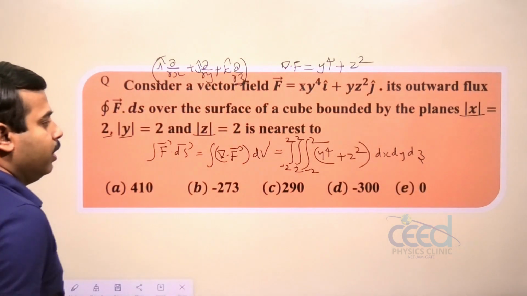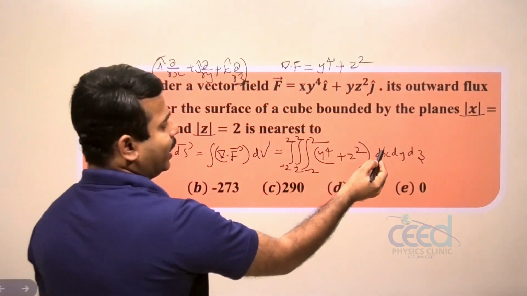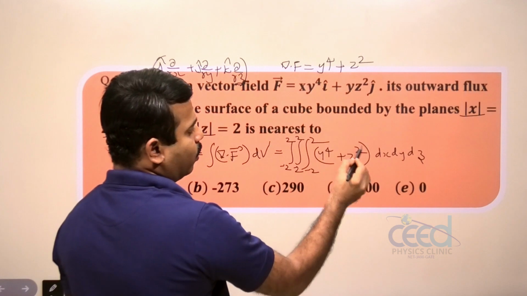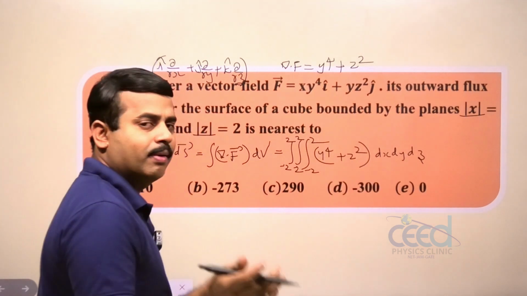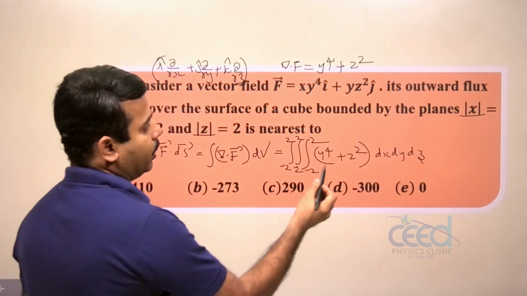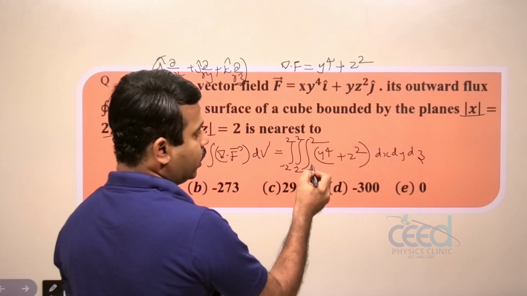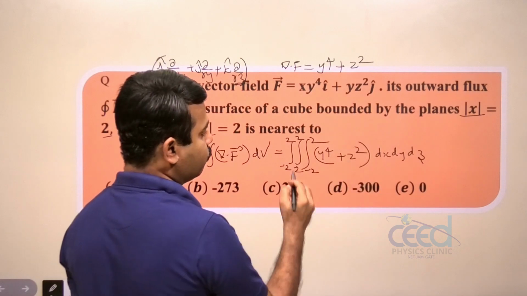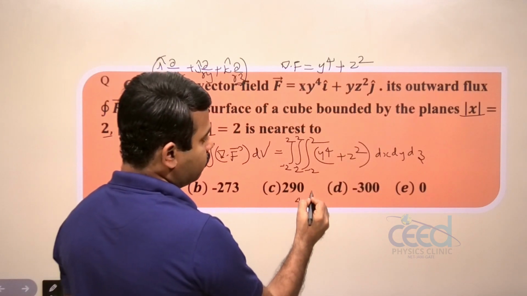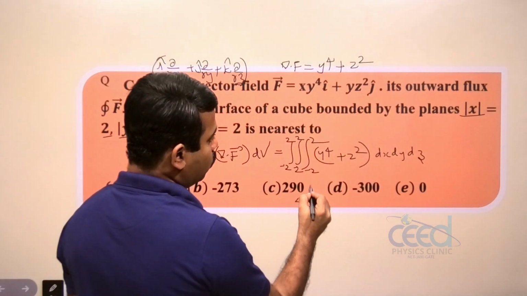Now it is only calculation. First with respect to dx you integrate. There is no x variable here, so dx can be integrated separately and the limits applied. The integral of dx is x, from minus 2 to 2, which gives 2 minus minus 2, that is 4. So 4 times the integral from minus 2 to 2.